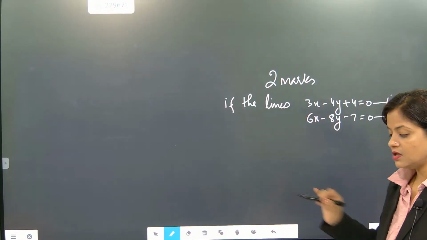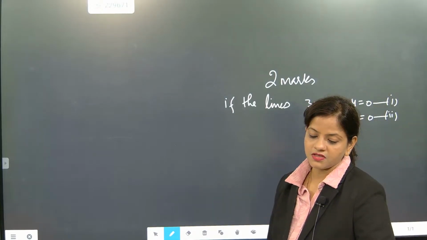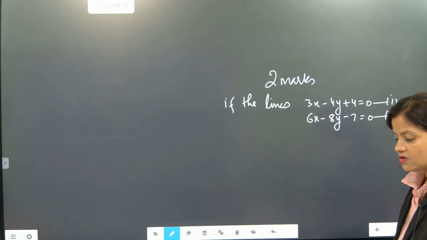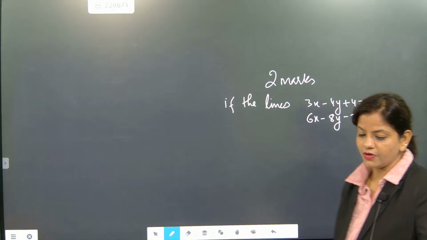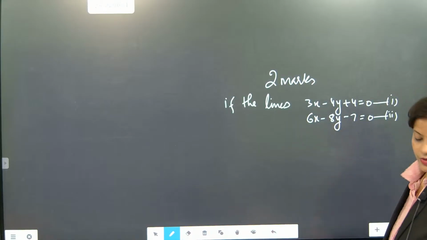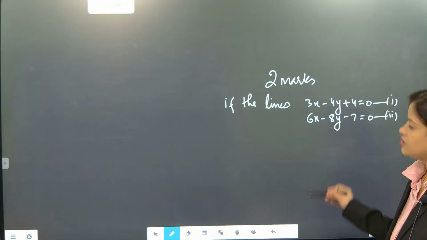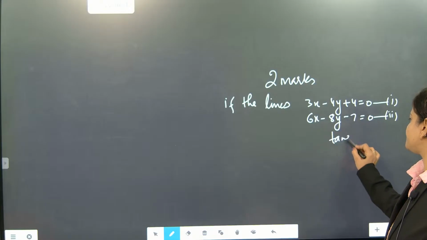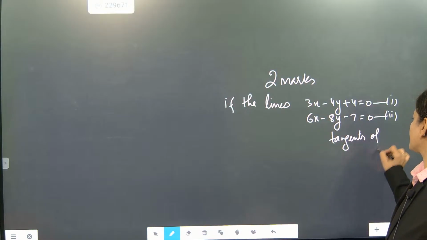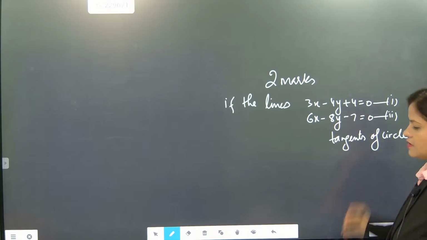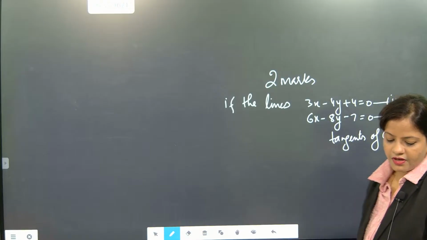I'm going very thoroughly with CBSE first, because if your CBSE concepts are better, then you will be able to do anything. Now these two equations are the tangents of a circle. Then the radius.